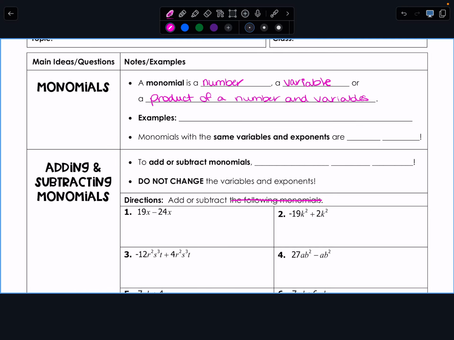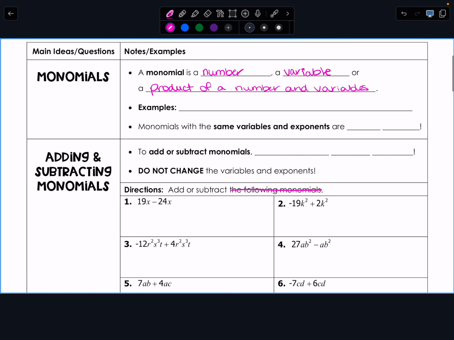Okay, so examples of this: 5x, or 3x squared, or 9x squared y to the 7th, or fractions like negative 1/4. Monomials with the same variables and exponents are like terms.